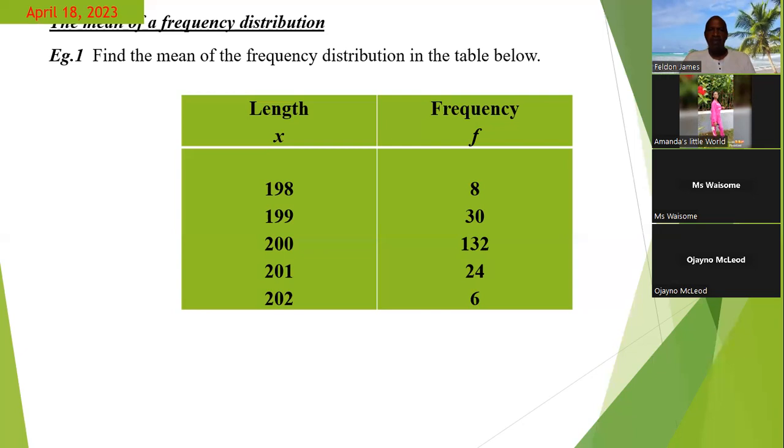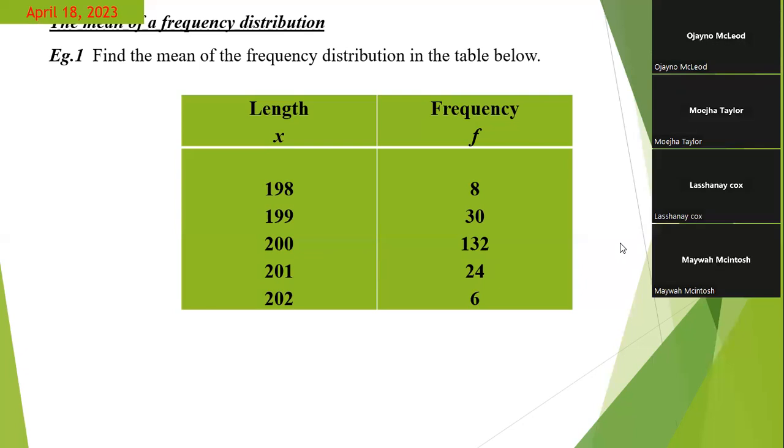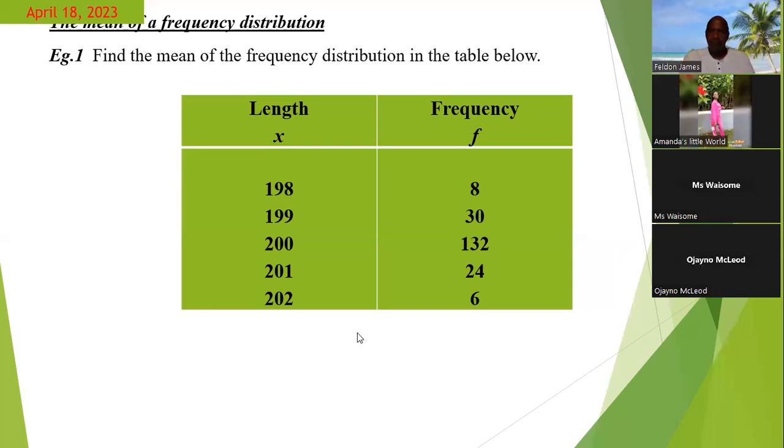Now, if you look at this table and I ask you, how many values are there in this table? What would you say to me? How many values are there in the table? Let me ask Mr. Ajeno. How many values are there in the table? 5, sir. All right, let me see the hands of those who are in agreement with Mr. Ajeno.